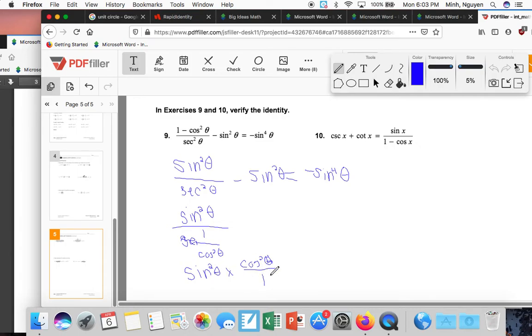So sine squared times cosine squared is just sine squared cos squared minus sine squared, equals negative sine fourth theta.